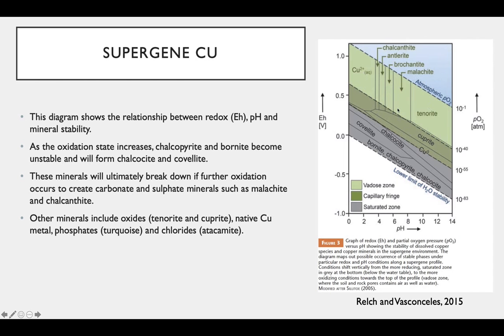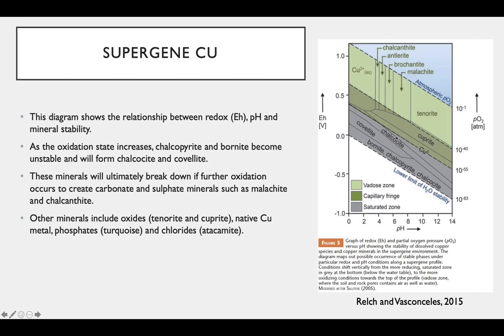We can also get malachite and things like that. And depending on the nature of the pH, remember that eroding sulfides can change the acid nature of the fluids because we can cause hydrolysis. We can also change the style of minerals.